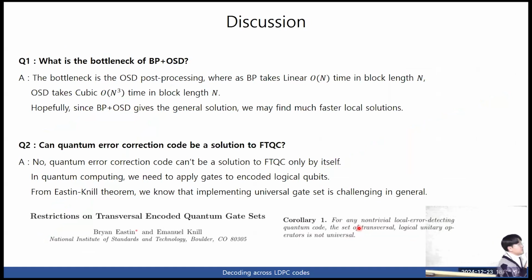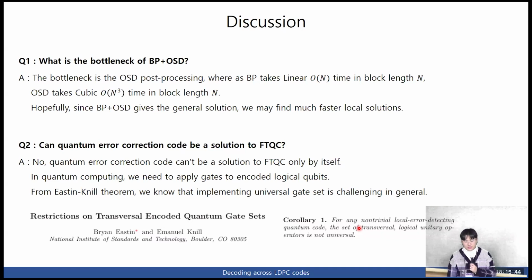I'd like to point out some discussions. First, what are the bottlenecks of BPOSD? The bottleneck is the processing time of OSD, which takes cubic time in the block length. Since BPOSD gives a general solution, hopefully we can find a much faster local solution for other problems.